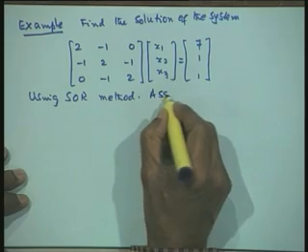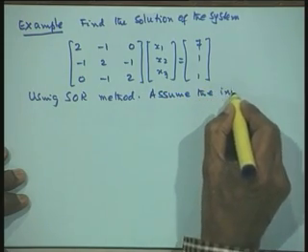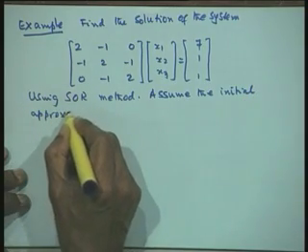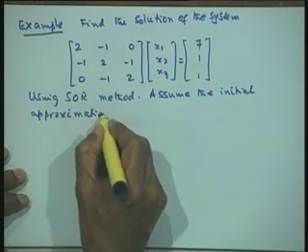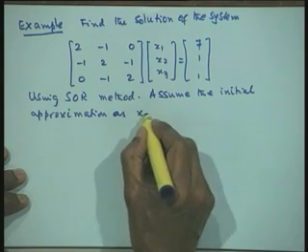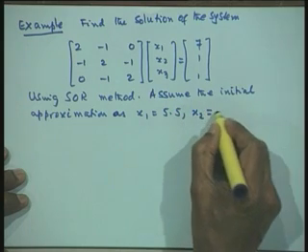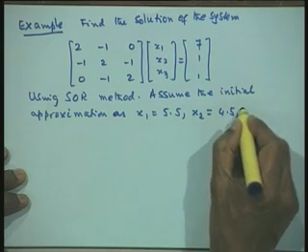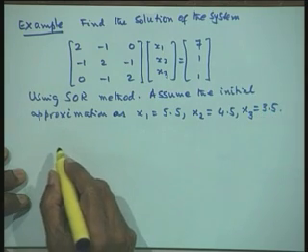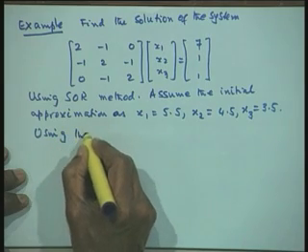Assume the initial approximation as x1 = 5.5, x2 = 4.5, x3 = 3.5.